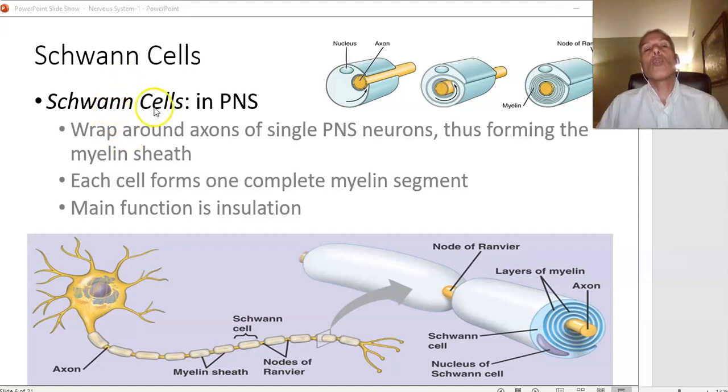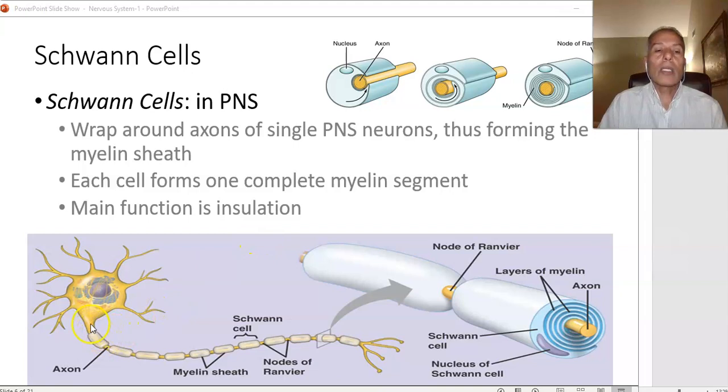So Schwann cells only insulate axons of neurons inside the peripheral nervous system. These neurons can be anything, can be motor, sensory, or interneurons.